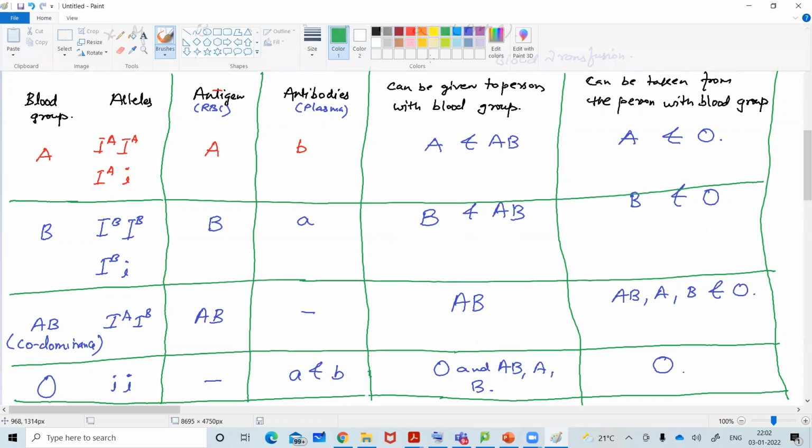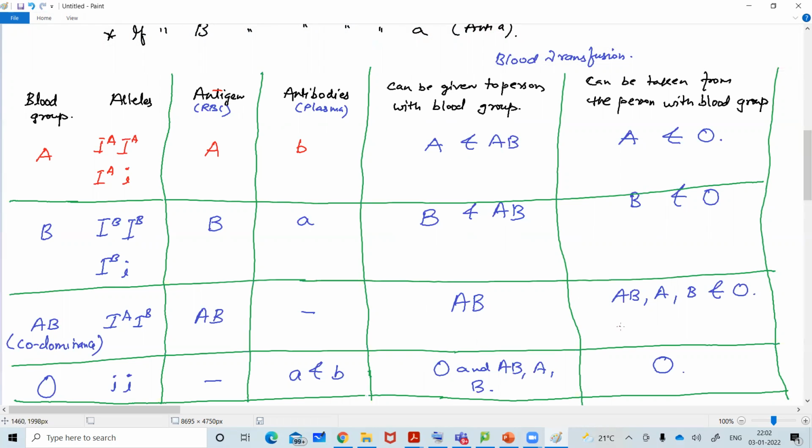So we can say here that this particular blood group AB is acting as a universal recipient, and O blood group is universal donor because O can give blood to any blood group.